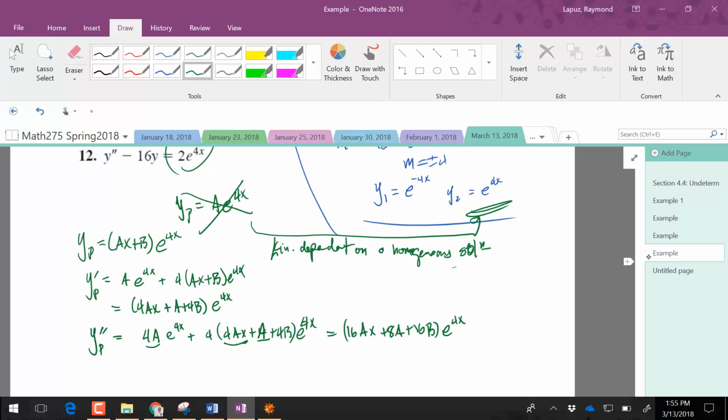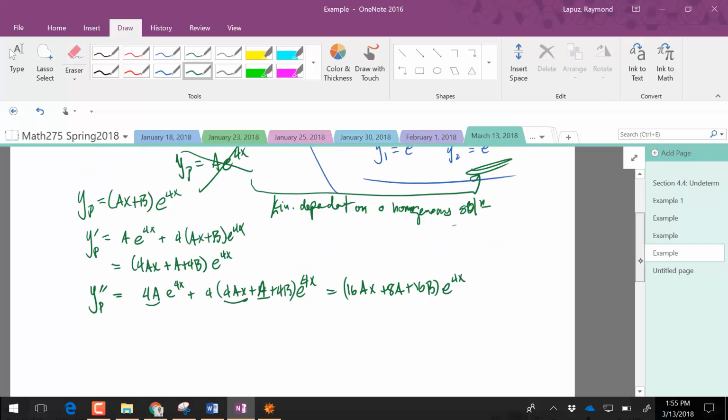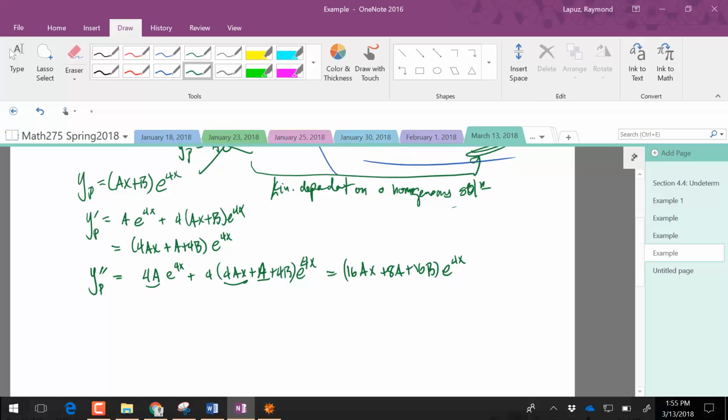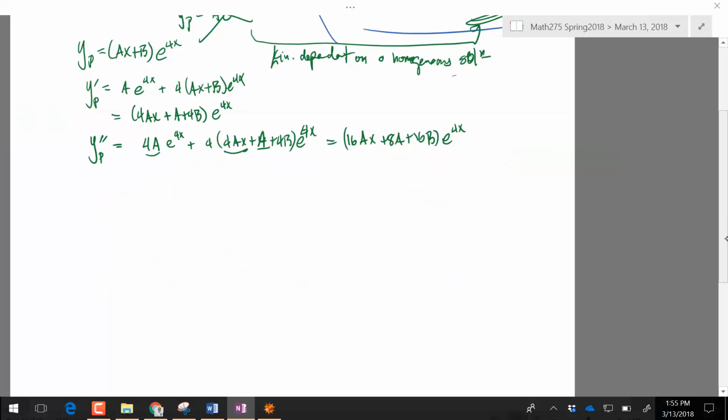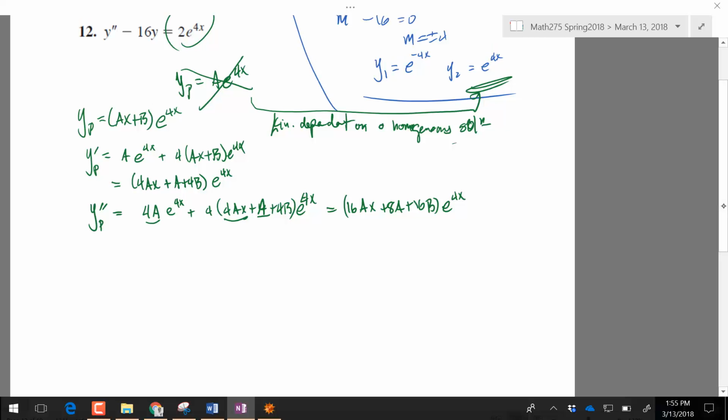Okay, so that's my second derivative. It goes back into the differential equation, which fortunately is just two terms. That's the second derivative, 16ax plus 8a plus 16b, e to the 4x, minus 16 times ax plus b, e to the 4x, and this is supposed to equal 2 e to the 4x.